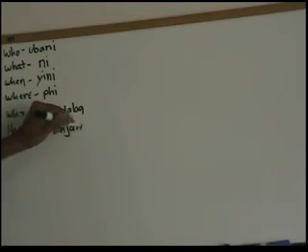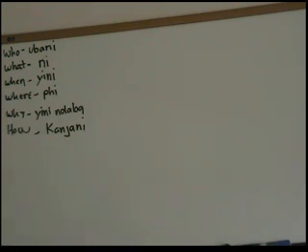When will be ini. Where will be p. Why will be inindaba. How will be kanjani. So you have ubani, ni, ini, p, inindaba, and kanjani.